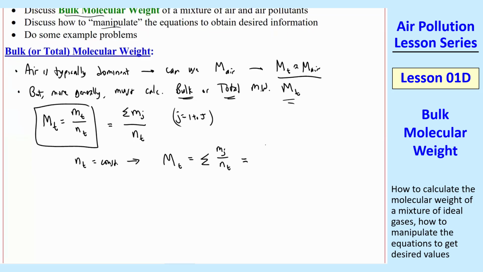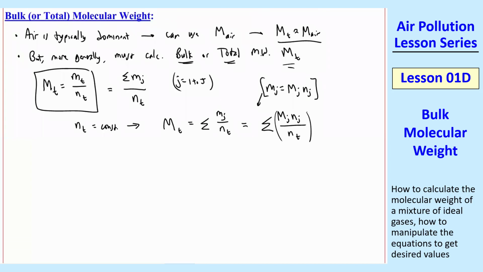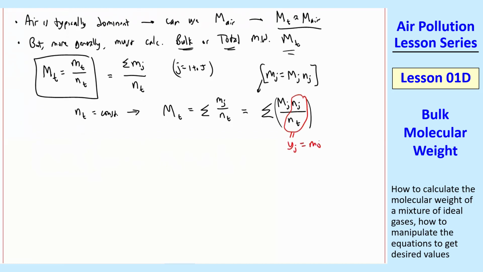And then we use the fact that m_j is equal to M_j N_j. That's the same thing we had here, except we're applying it to one species. And then when we apply that, we can write this as sigma of capital M_j N_j over N_T, and this whole thing is in the sigma. And now hopefully you can recognize that N_j over N_T is equal to y_j for species j, which is the mole fraction.